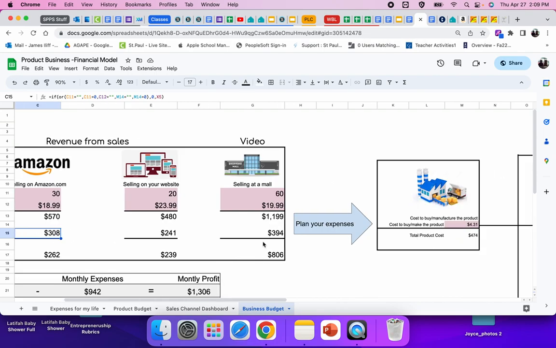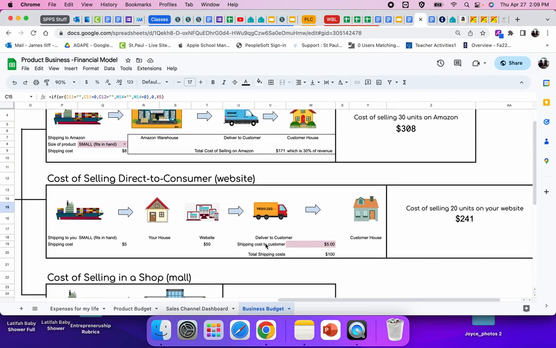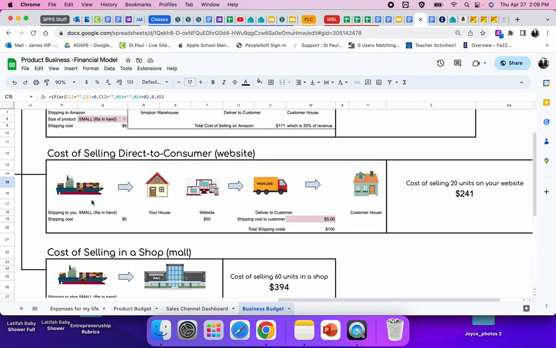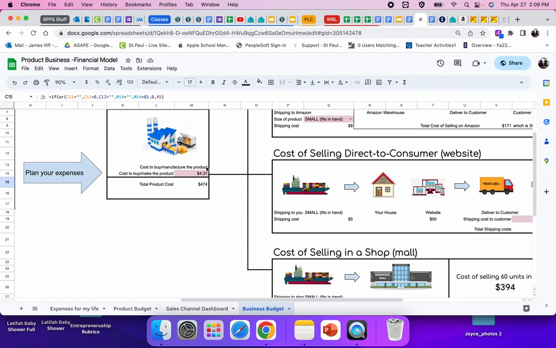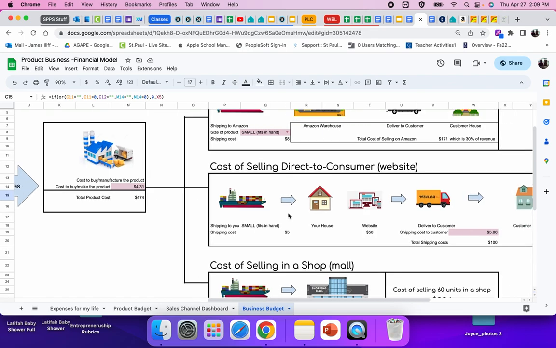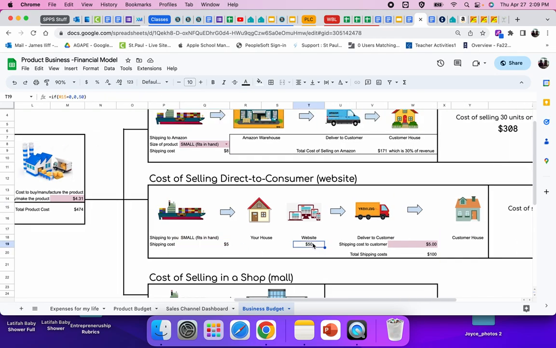And you can see the same thing for a website. A website's a little bit different. We still have to manufacture the product, so that's going to be the same. The shipping cost is going to be calculated the same, so in this case, $5. Now, because I have a website, I have to pay monthly for my website, and that's about $50. When the customer goes to my website and orders, I typically have to pay shipping.